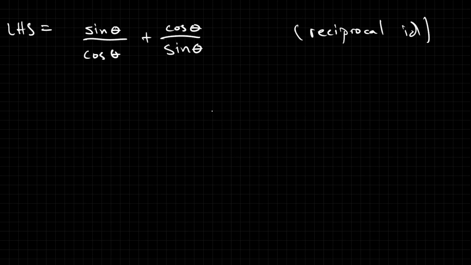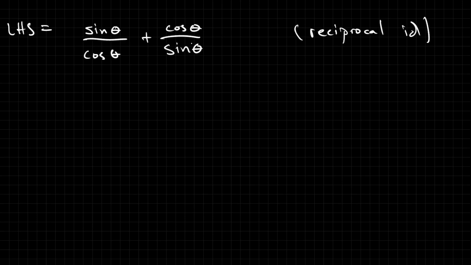Okay, so now I ask myself, what can I do with this? Notice that question, what can I do with this? I'm not asking myself, what is the correct step? I'm asking myself, what identities or algebraic techniques can I do to this? And it may work and it may not. If it doesn't work, I'll come back to it and try something different.